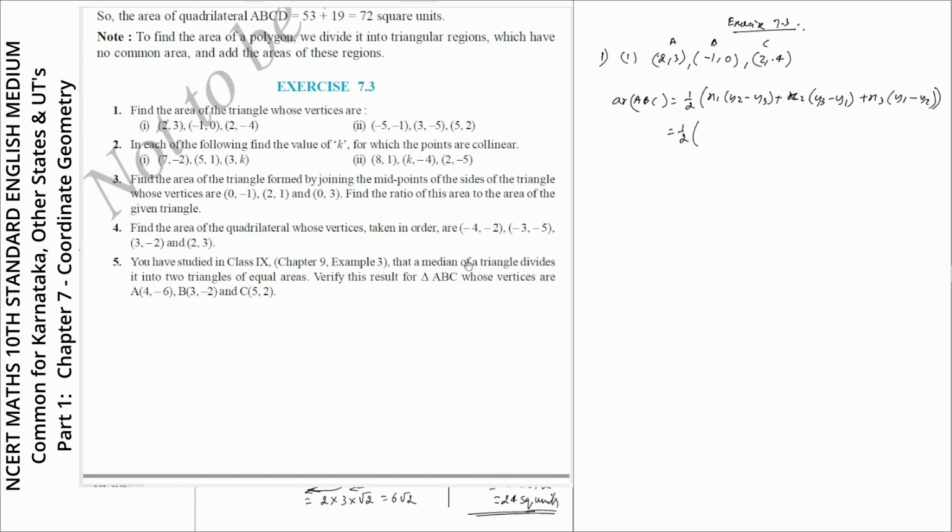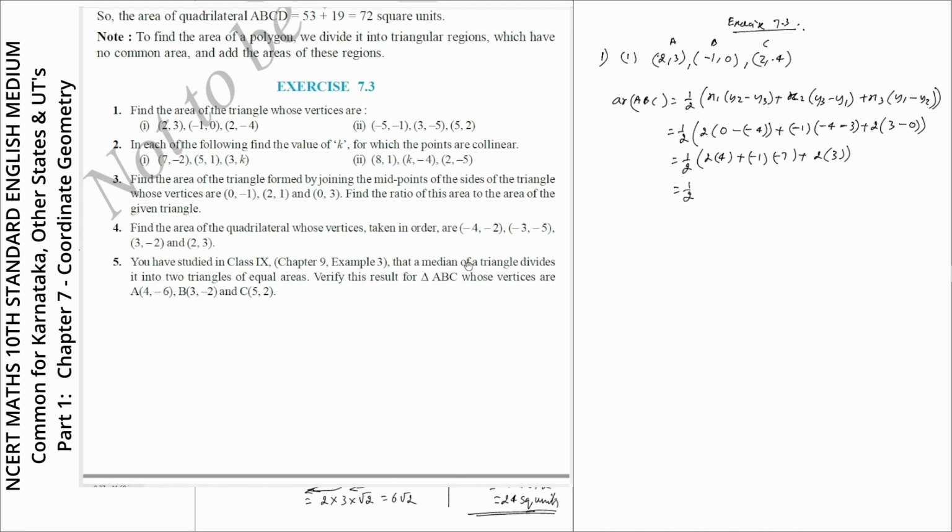x1 is 2, y2 is 0, y3 is minus 4. Now plus x2 is minus 1, then y3 minus y1, y3 is minus 4, y1 is 3, plus x3 is 2, then y1 minus y2, that is 3 minus 0, so we'll get 1 by 2 into 2, so 0 minus of minus 4 is plus 4, so 2 into 4 I'll get 8, plus minus 1 into minus 4 minus 3 is minus 7, plus 2 into 3 minus 0 is 3 only.